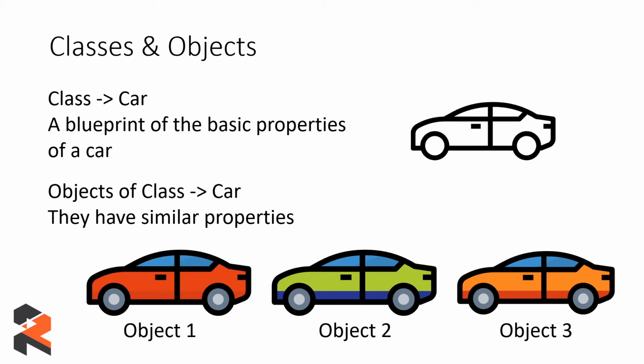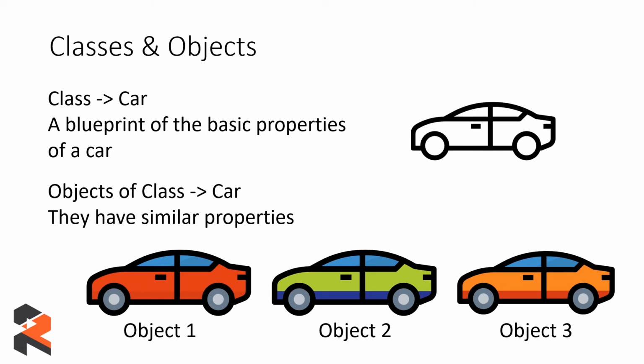In the same case, the example which we have here is of a car, where we have a class of car, and it is just a blueprint which will have the basic properties such as the car can have tires, headlights, a color, a model, a brand and the year in which it was made. So these are some of the properties of a car which will be common to every car which is made.